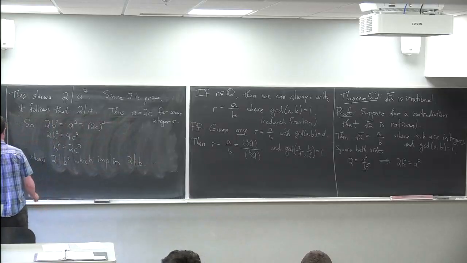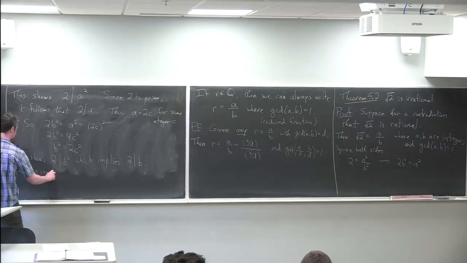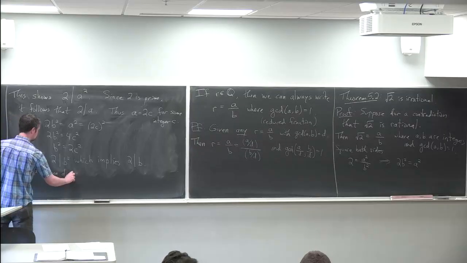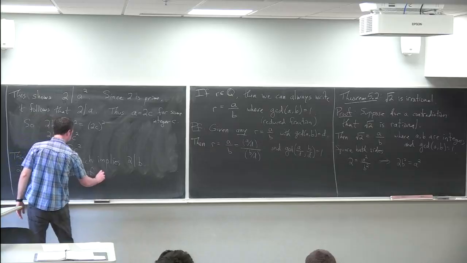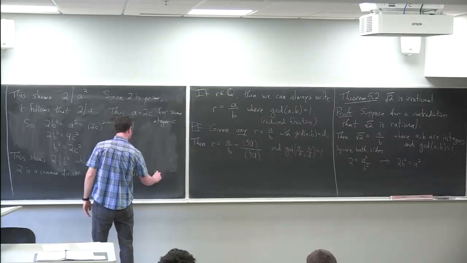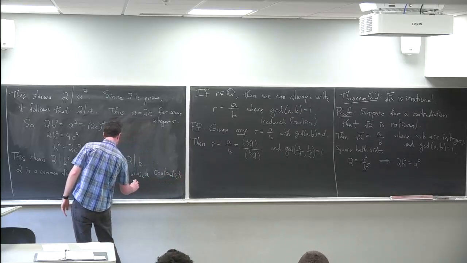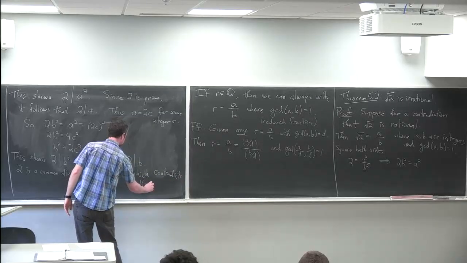So what we've shown is that 2 is a common divisor of A and B, and that's our contradiction. This contradicts the fact that we assumed the GCD of A and B is 1.